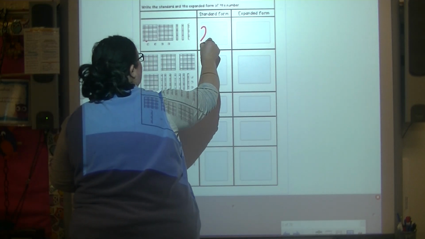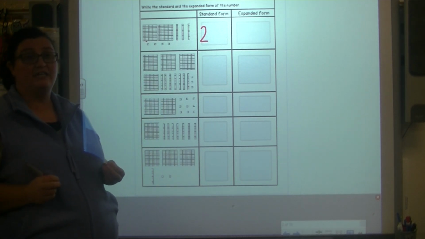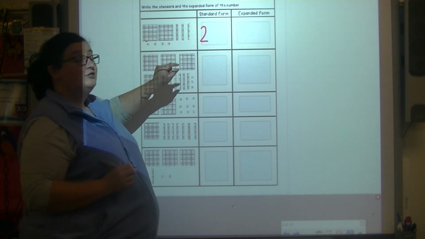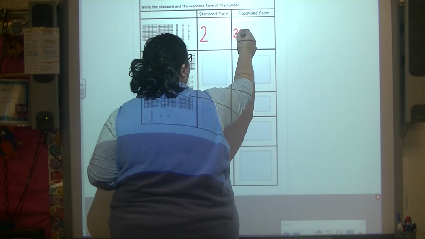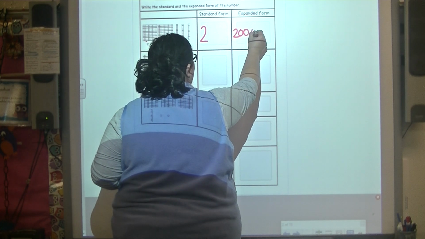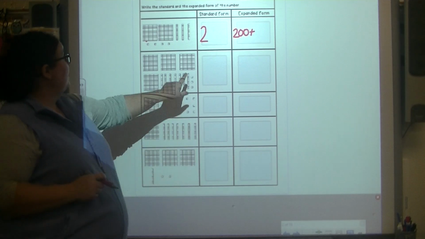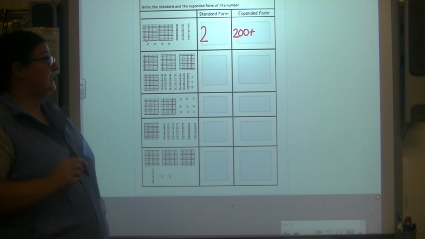If there are 2 groups of 100, the value is 100, 200. So I can go ahead and write 200 over here. 2 groups of 100 is equal to 200. I have 1, 2, 3 tens.